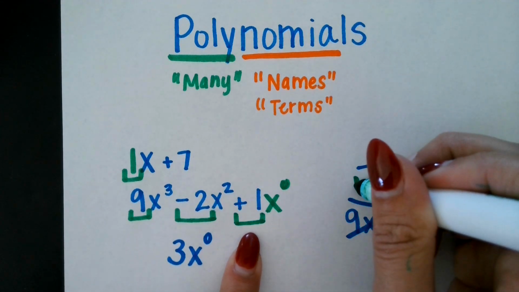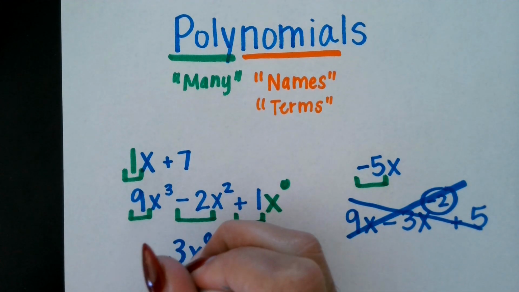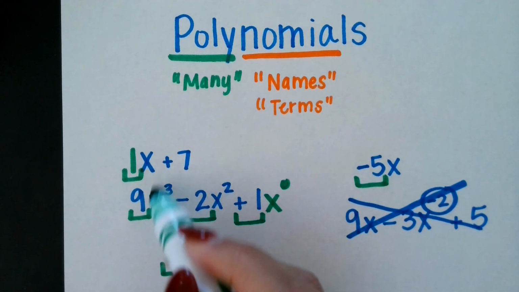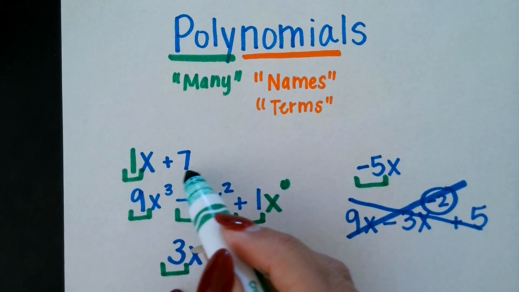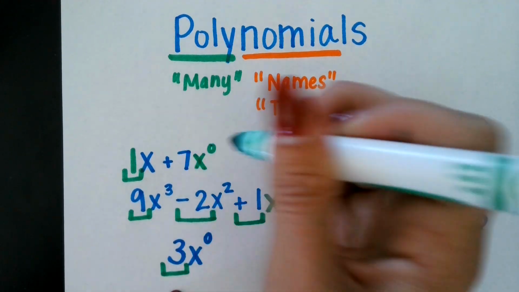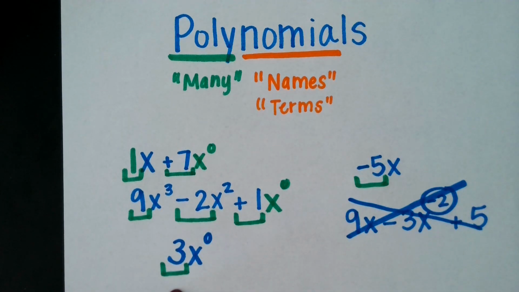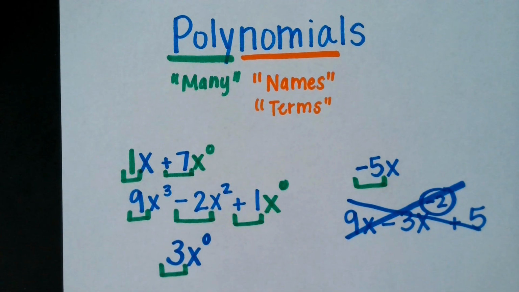The -5 is the coefficient right there. The 3 is technically the coefficient here. Then there's a variable. Oh, and I forgot the 7. The 7 is technically the coefficient, +7, right there. So there's a coefficient, there's a variable, and every variable has an exponent.